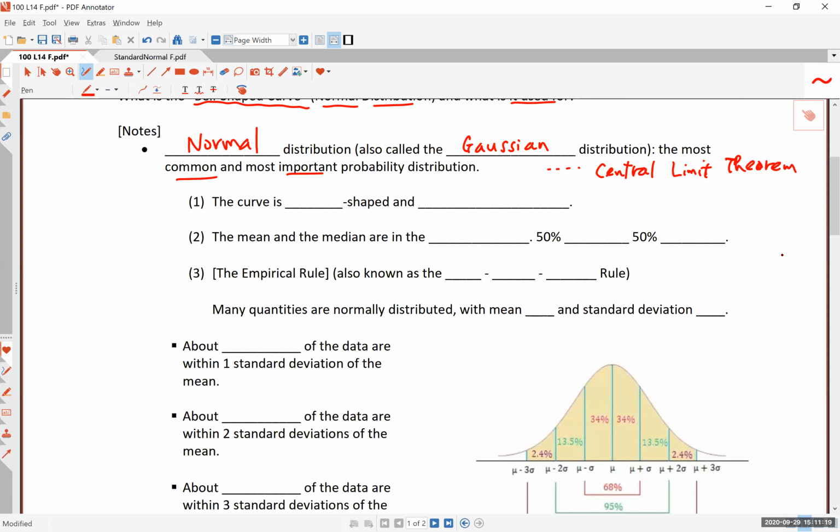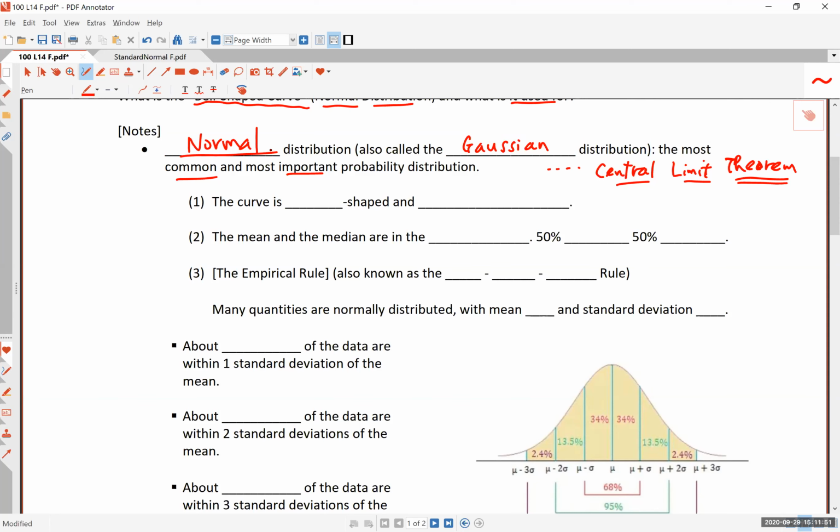It may not have the same distribution, but this theorem tells us that when you take a bunch of samples and you find the sample mean for each sample, depending on which sample you take, you end up with a different mean. And those sample means are going to be distributed in this normal way. That's what this theorem tells us, and that's why this normal distribution plays such an important role in the study of statistics.